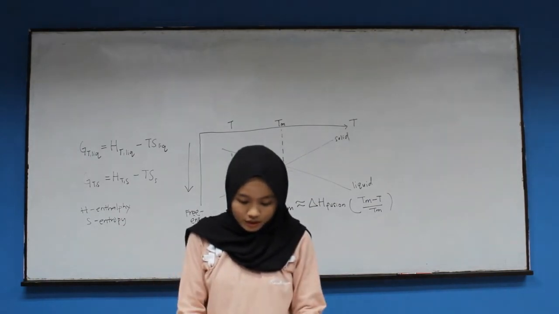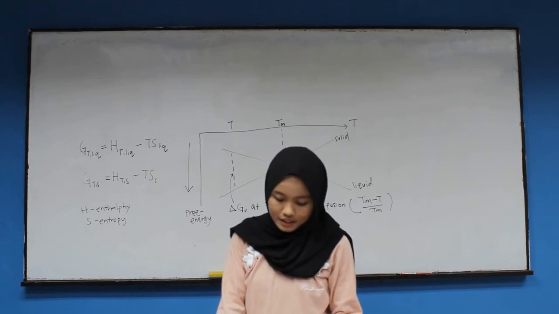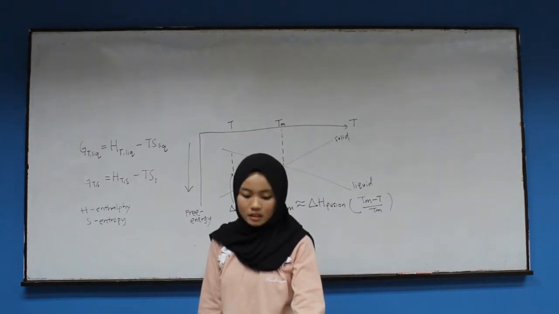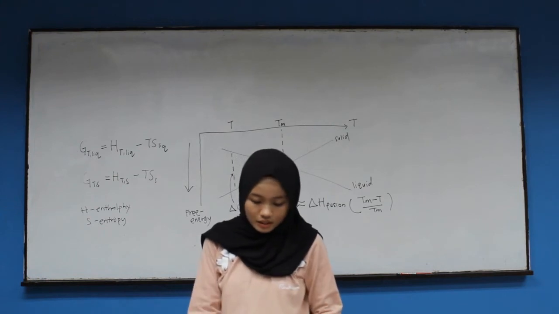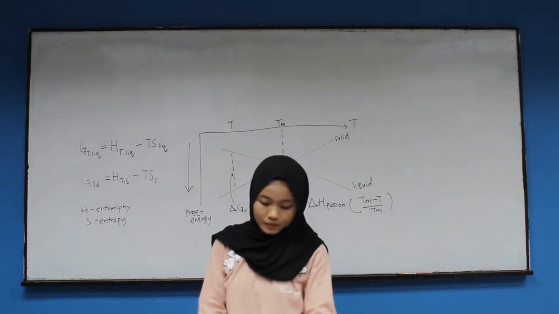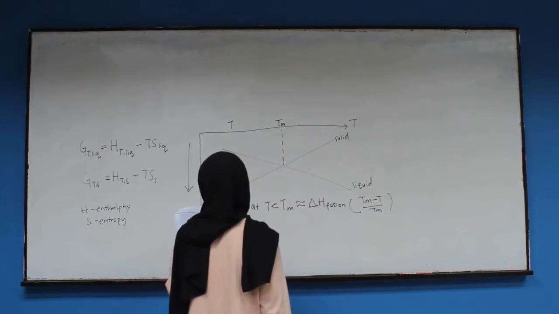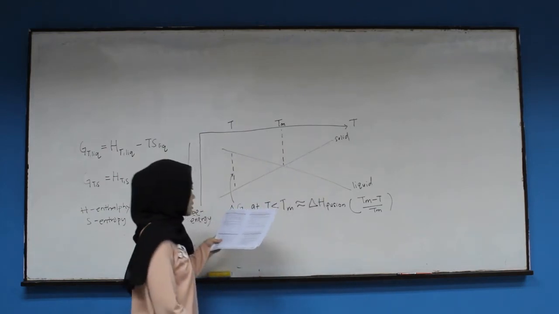The G_T liquid is steeper than G_T solid because the entropy content of the liquid is larger than that of the solid. When T is greater than Tm, the line that intersects the liquid has the lowest energy.